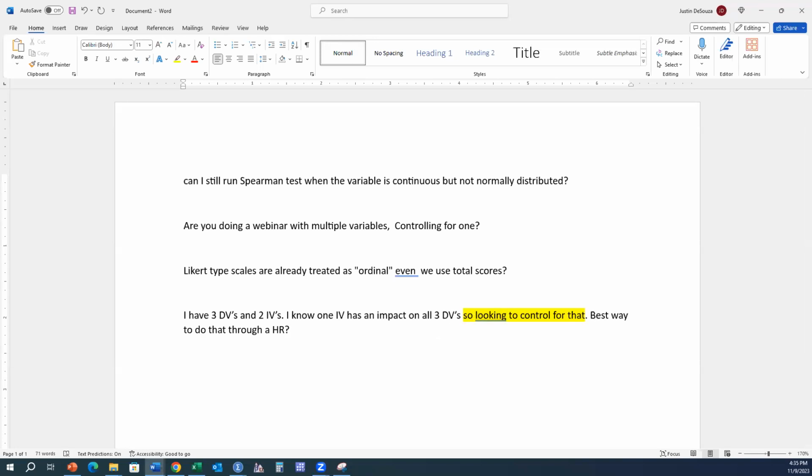With just independent and dependent variables, you can potentially do correlations or regression models. If you do regressions, you would have to do three regressions.